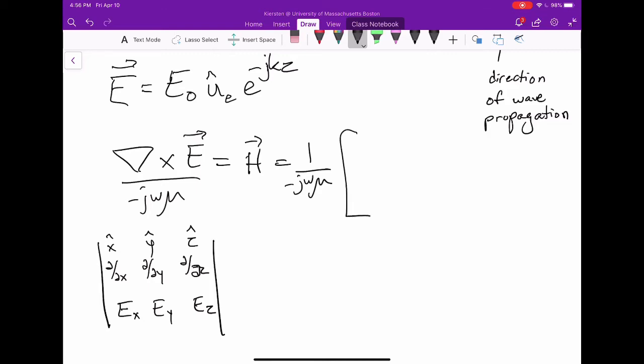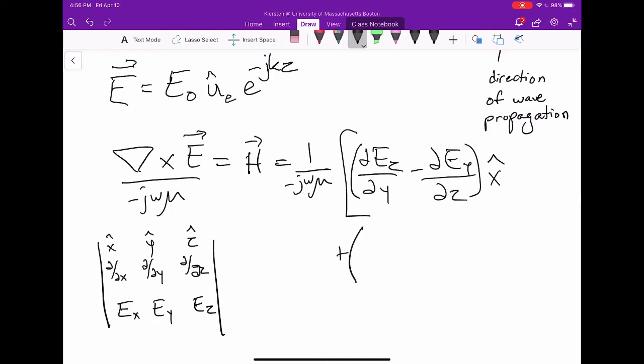So then the curl works out to be partial Ez partial y minus partial Ey partial z in the x hat direction, plus partial Ex partial z minus partial Ez partial x, and that's in the y direction.